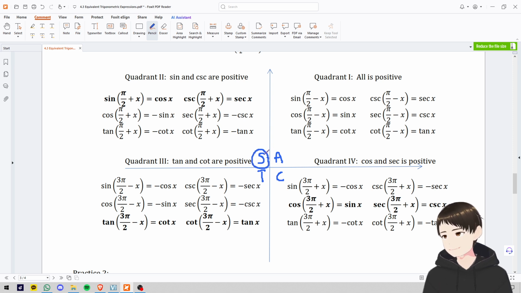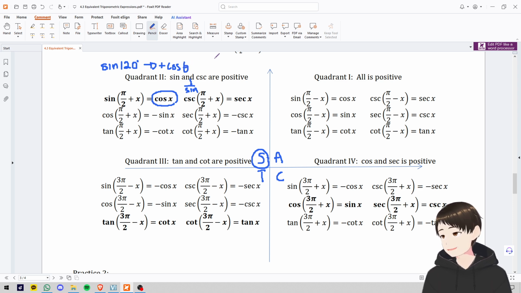given as sine or 1 over sine, the correlated ratio is left as positive. So if it's given to you as sine of, let's pretend it's 120 degrees, this is going to be converted into positive cosine.